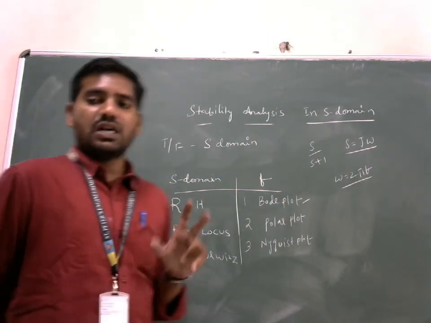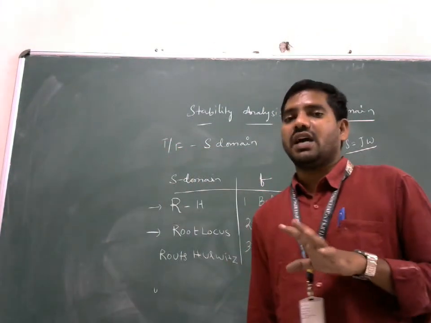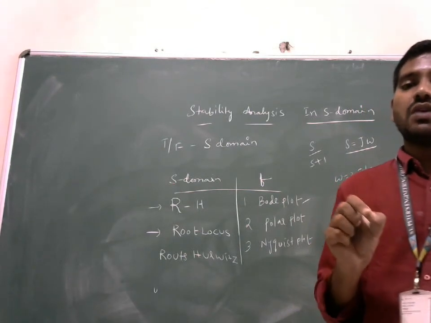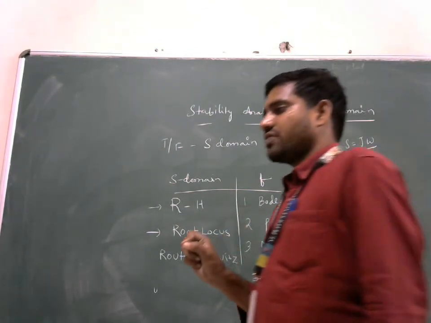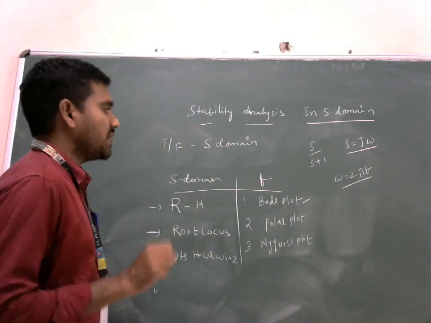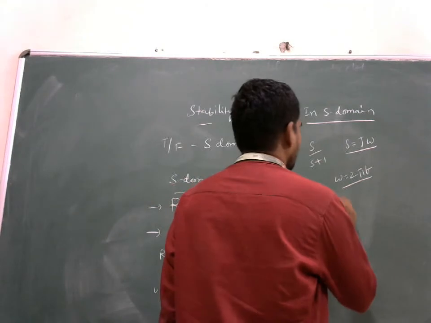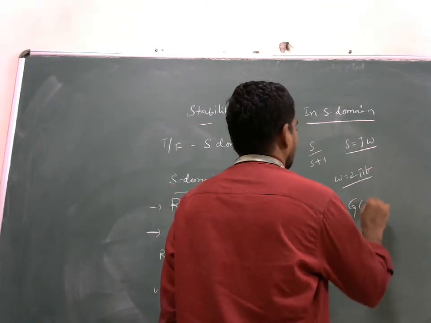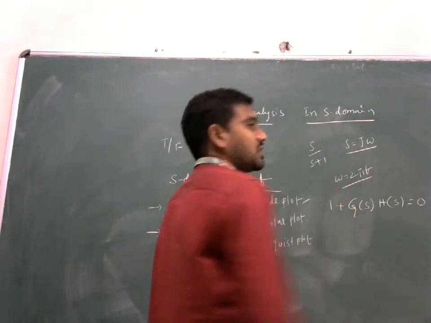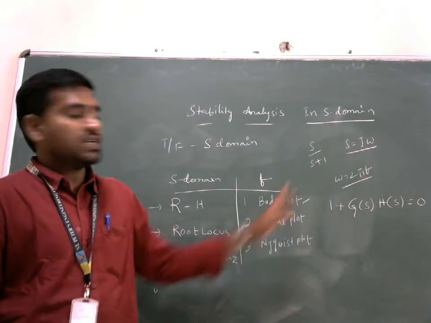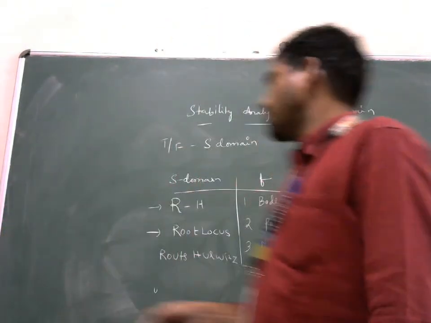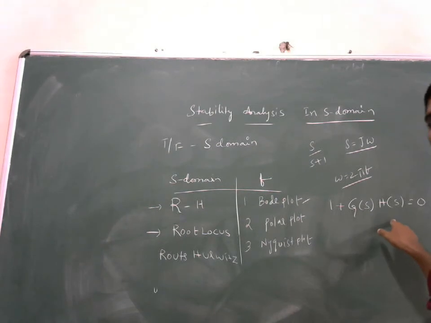First we have to discuss the RH criteria, and after that we will go with the root locus. RH criteria is nothing but the Routh-Hurwitz criteria. We find it by using the characteristic equation, 1 plus G(s) H(s) equals 0. If a transfer function is given, you need to find 1 plus G(s) H(s) equals 0.